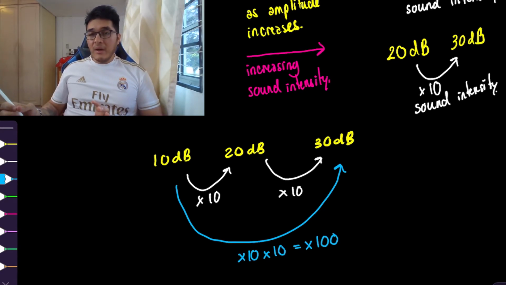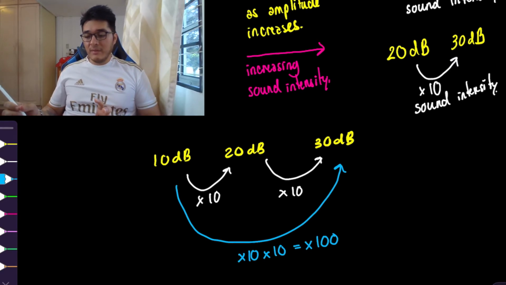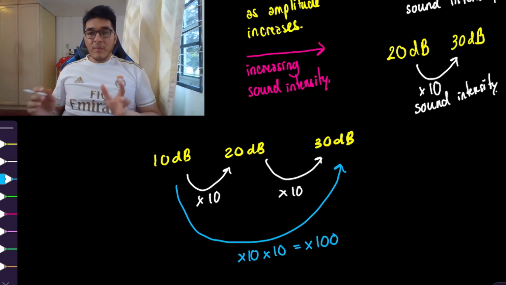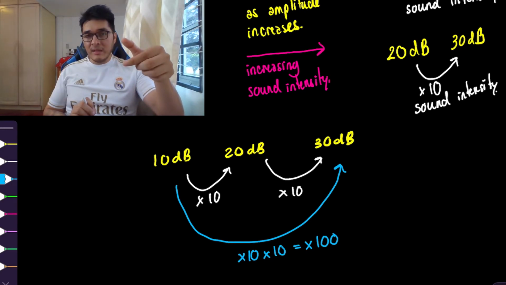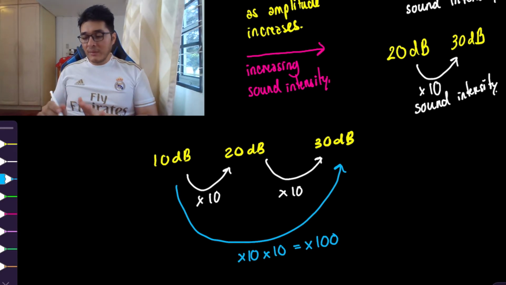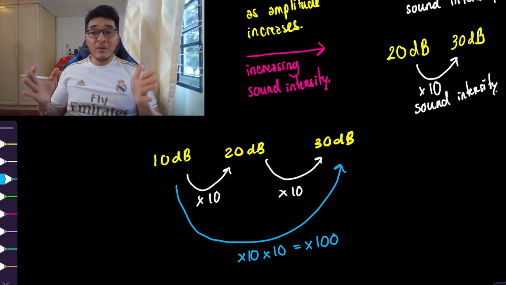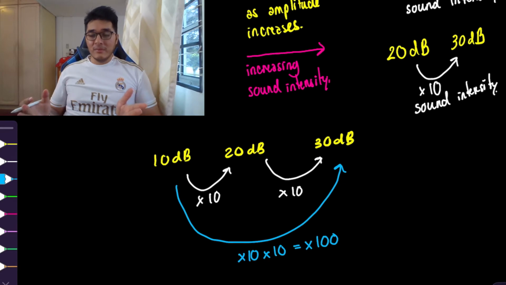That's going to be 100 times different in intensity. Remember, sound intensity measures the amount of energy in a given area. If we change by 10 decibels, we change by 10 times, another 10 decibels, 10 times. So in total, from 10 to 30, we change by 100 times the amount of energy. This is a crazy amount.